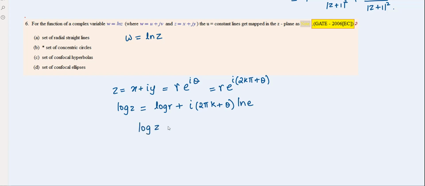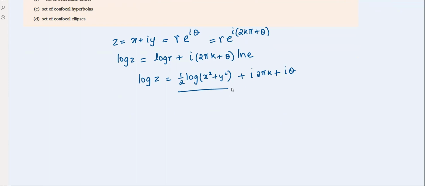So log Z is half log of (x square plus y square) plus i(2k pi plus theta).